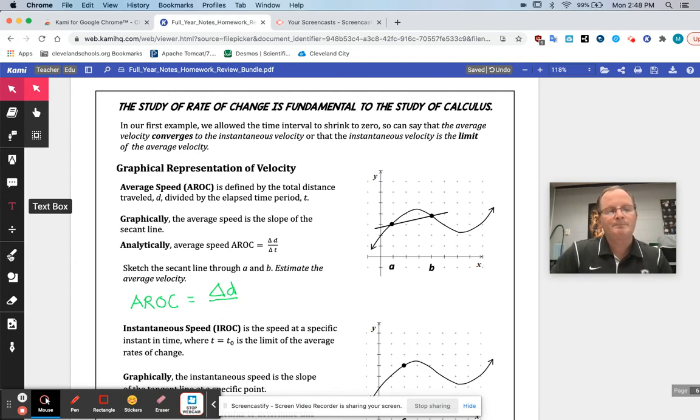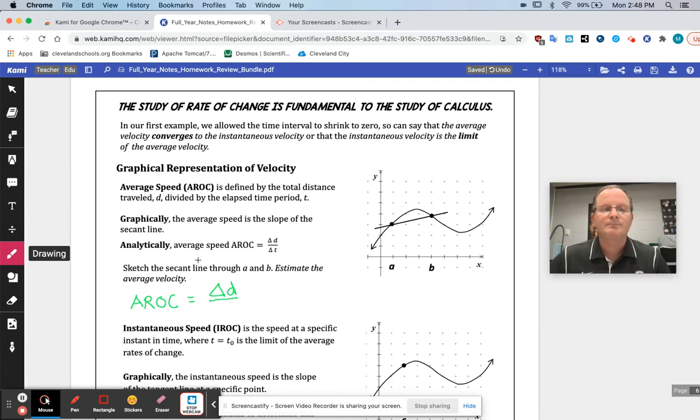Which in this case, we're talking y's and x's. So the change in y over the change in x.